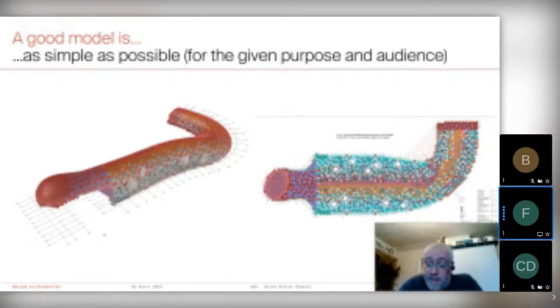So here you see two models of the Swatch building that actually show almost the same thing. This is the part of the reference model on the left-hand side in 3D, which shows you the different types of facade elements that are lying between the beam grid on the surface.